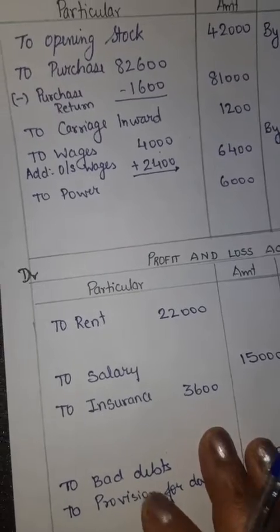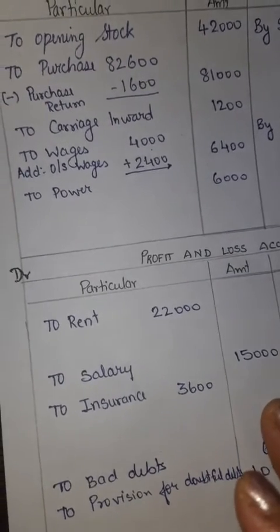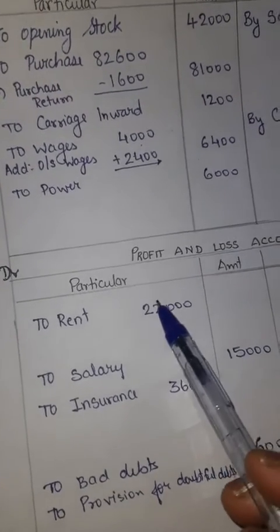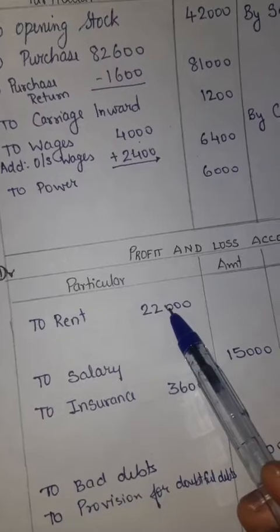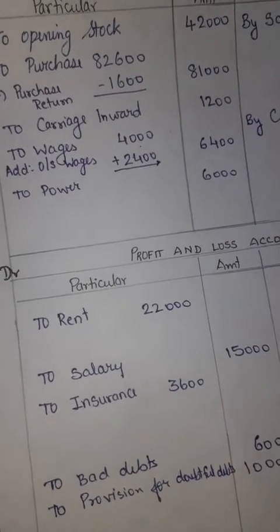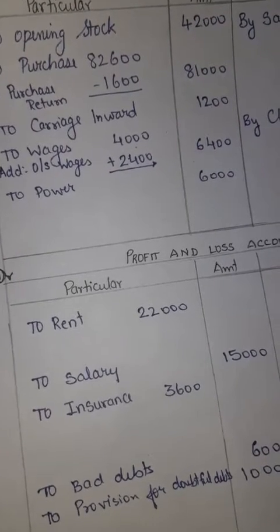So how to know the amount of rent? For 22,000 it is 11 months rent. So what about the 1 month?